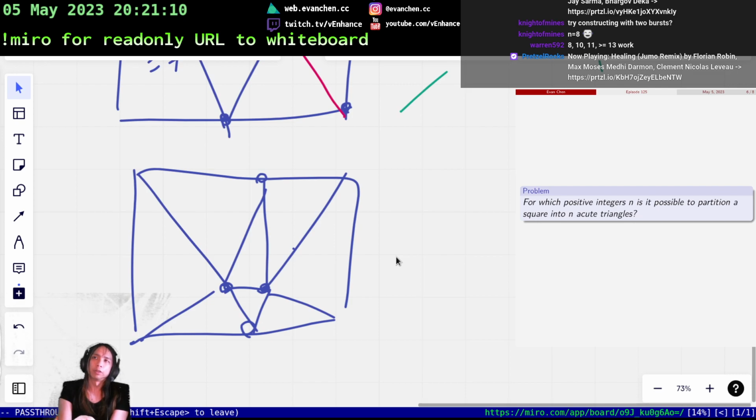So you either have the construction for 8 or a lower bound of 10. I don't think you can get 9. Because 9 would mean that there's already 1, 2, 3, yeah, there's already 8 triangles if you just look around here.